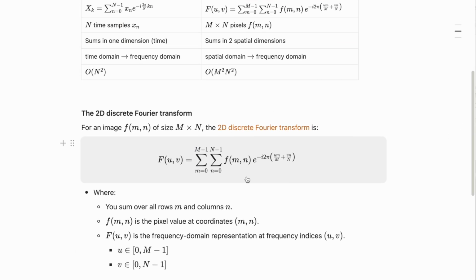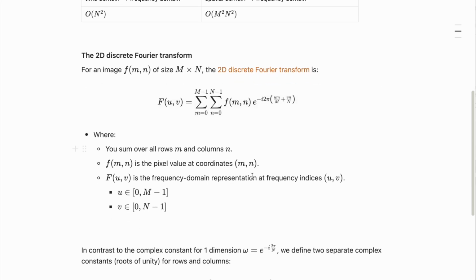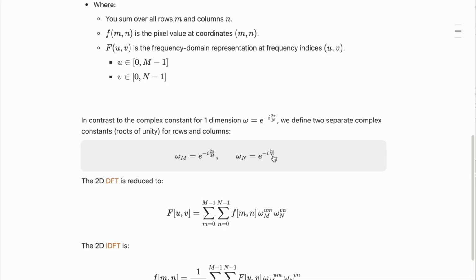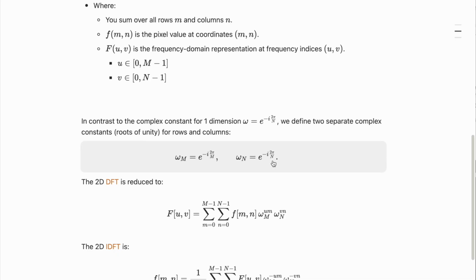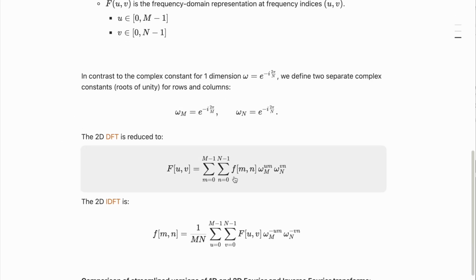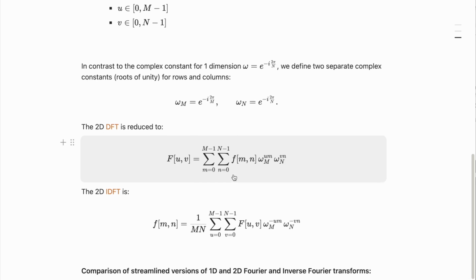If we want to streamline this formula, we need to define two separate omegas. One is omega sub m, which applies to the rows or the y-coordinate of the image, and the other one is omega sub n, which applies to the columns of the image, and they both have extremely similar formulas to the omega we used in one dimension. So when we apply this simplification, we end up with this as the equation for the 2D discrete Fourier transform.